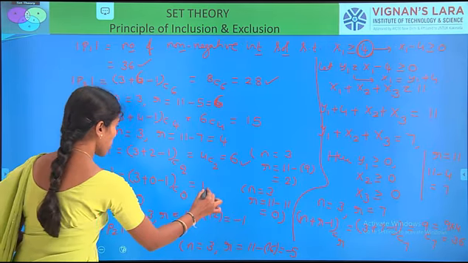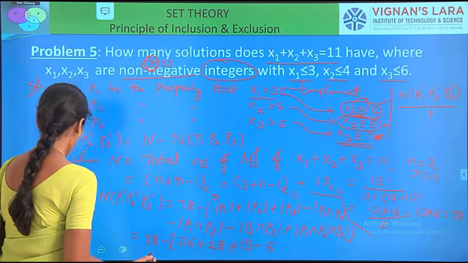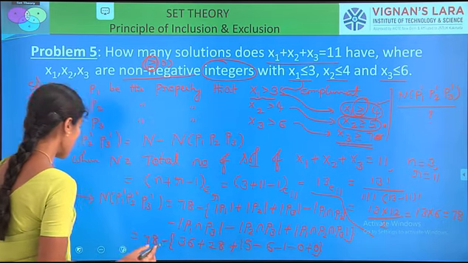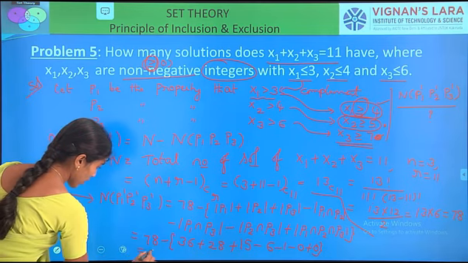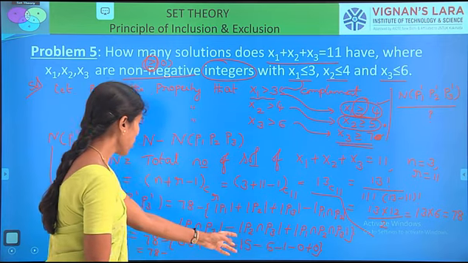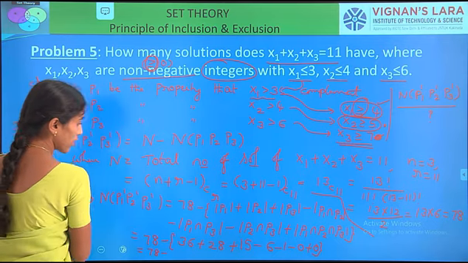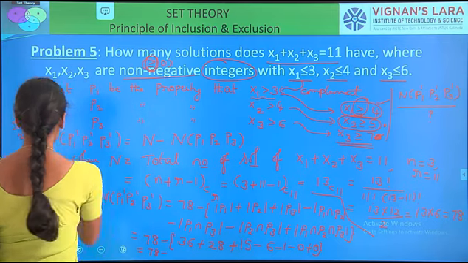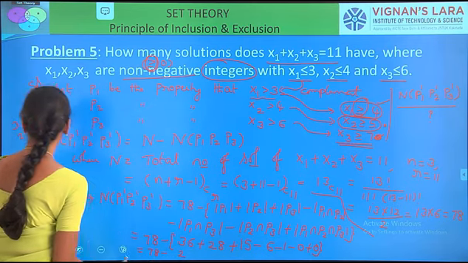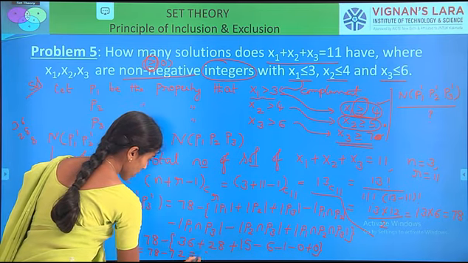Next, P1 intersection P3 is 1. The other two are zeros. So minus 1, minus 0, plus 0. By simplifying this, 78, it is 6 minus 1, 7, 15 minus 7 is 8, so 36, 28, 15 minus 7 is 8, 22, 2 fours are 8, 3 sevens are 21, 78 minus 72 is 6.